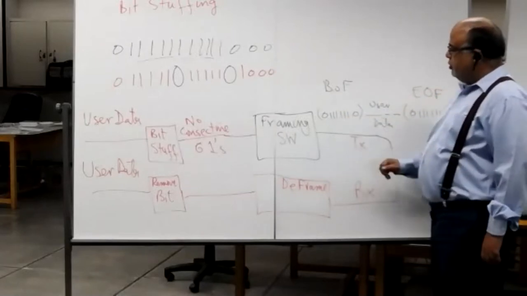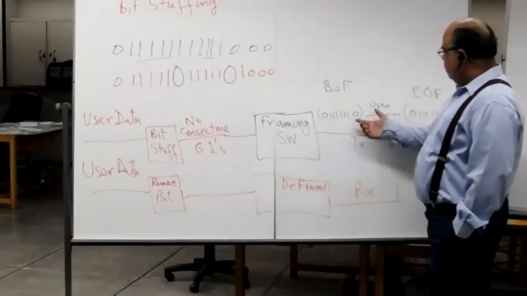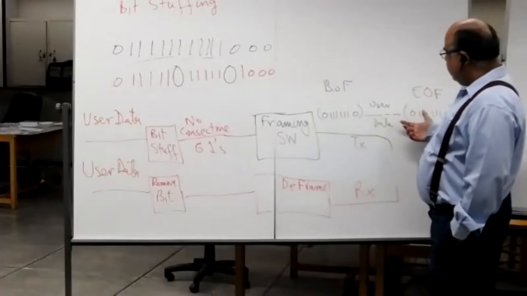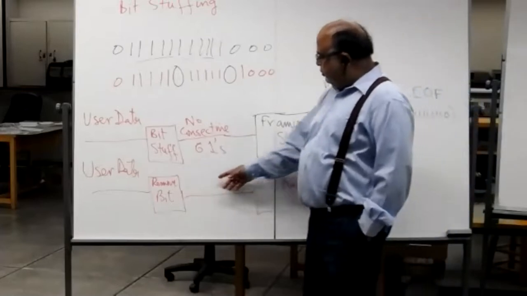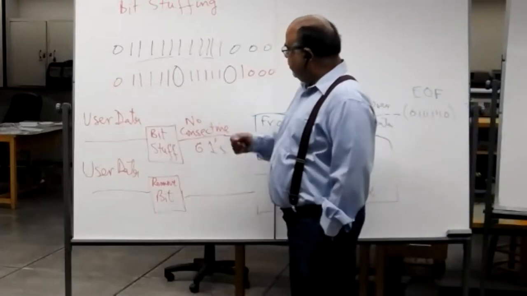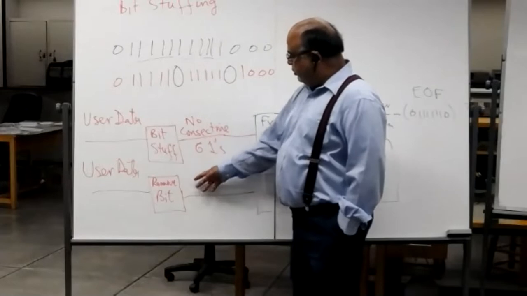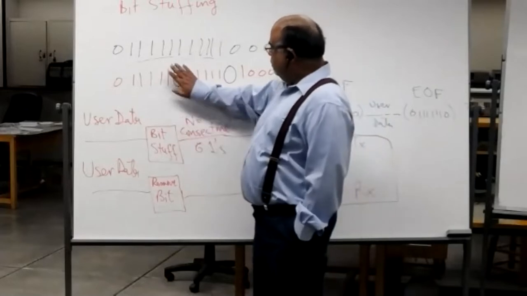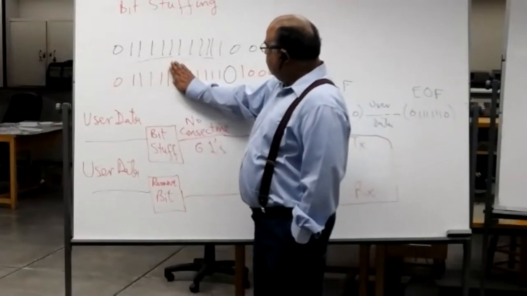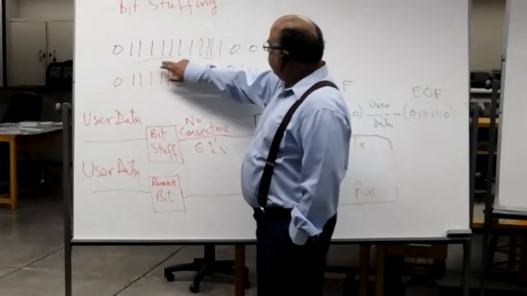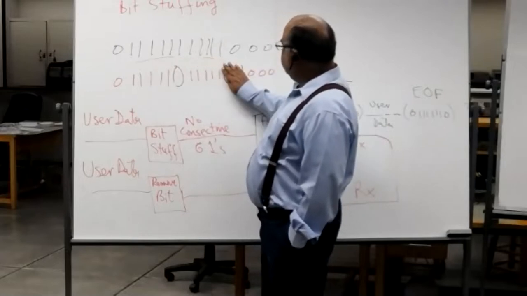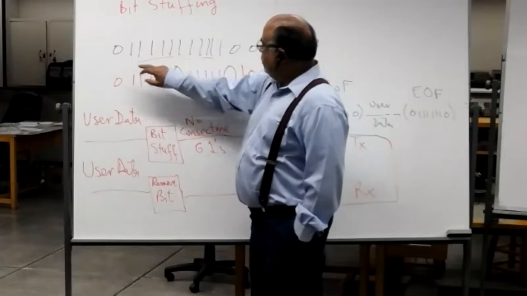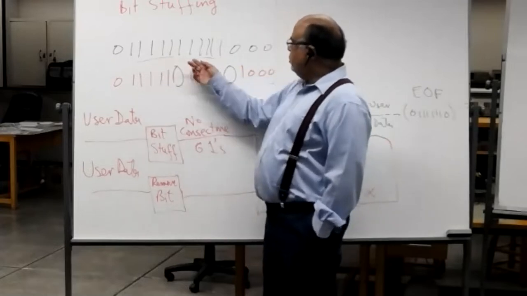Then you send this, and on the receiving side you deframe it and remove this data, but you will have these extra bits inserted over here. So these bits are then removed, and you will get all the ones together again. So you will get the original user data back.